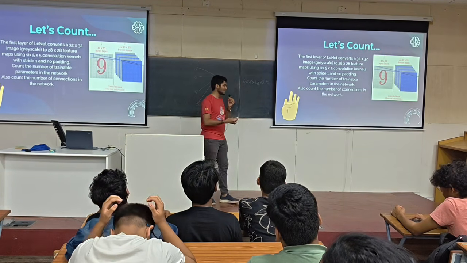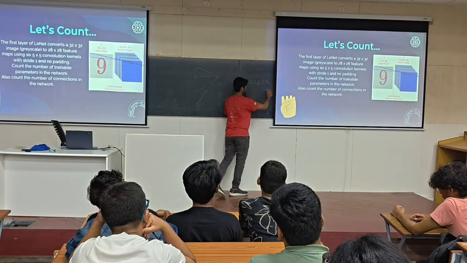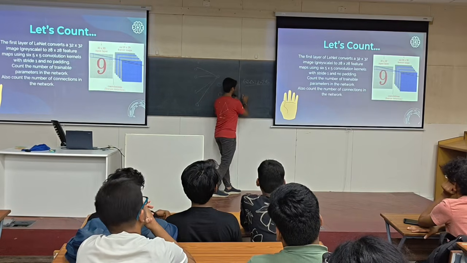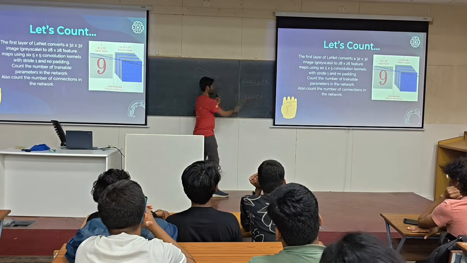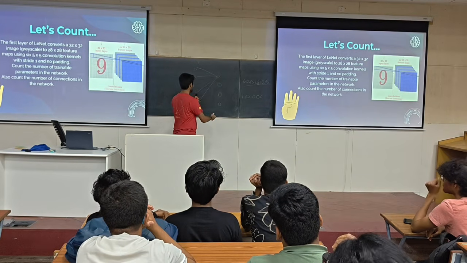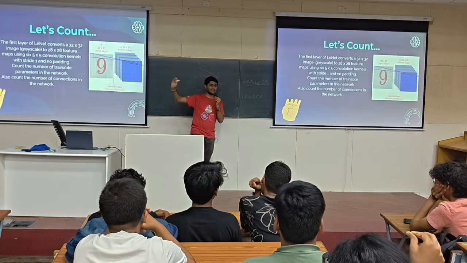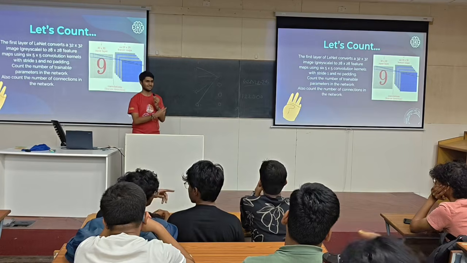In the original paper, they counted the bias as a connection and used 26. But even if you use 25, it's fine. I hope you get the idea. This is of the order of 1 to 2 lakh, about 122,000 connections, and parameters you have only 156. That's the kind of reduction of parameters that LeNet achieved.